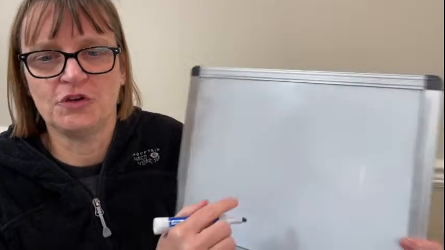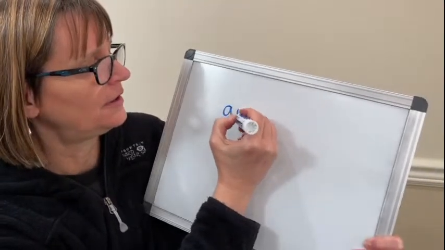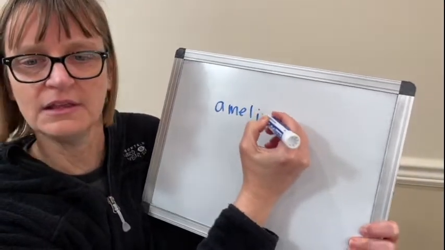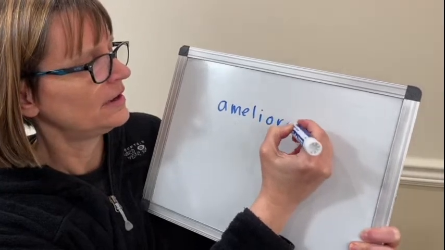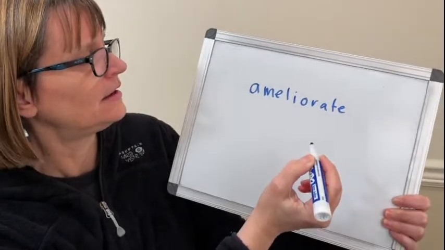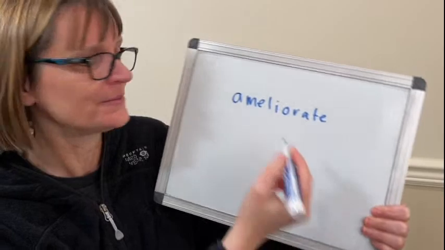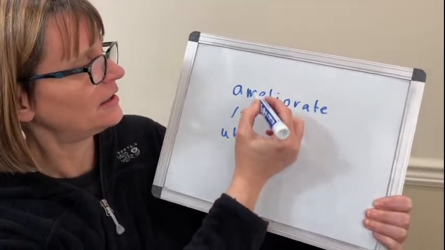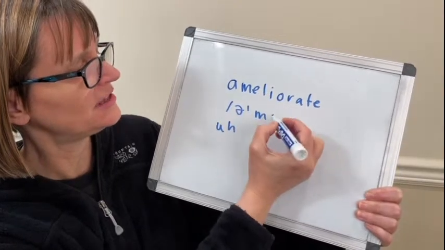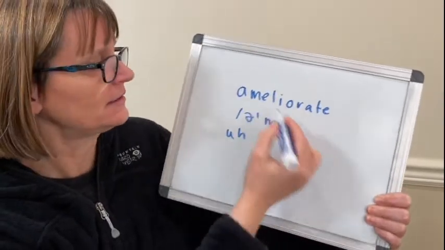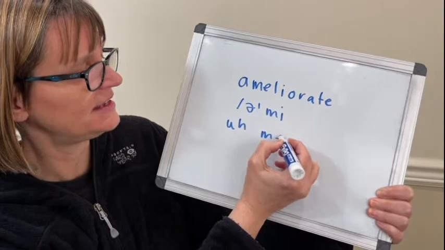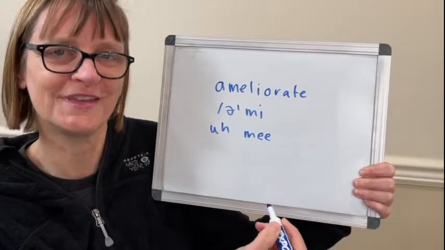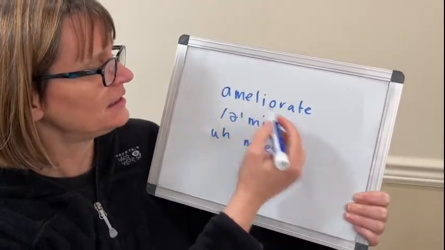Okay, we have a question about ameliorate and outmaneuver. So for ameliorate, second syllable stress here. So letter A is going to sound like vowel schwa. Then our stress is on the me syllable, ameliorate. Letter E is going to say the E sound that we usually spell with E or two E's, ameli.